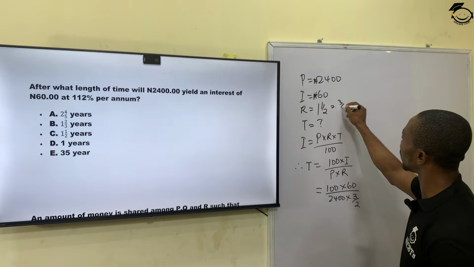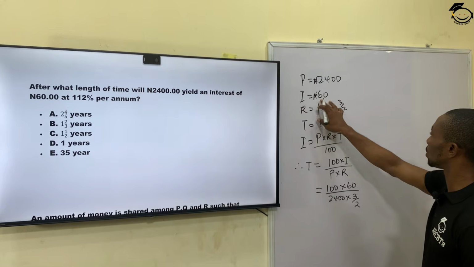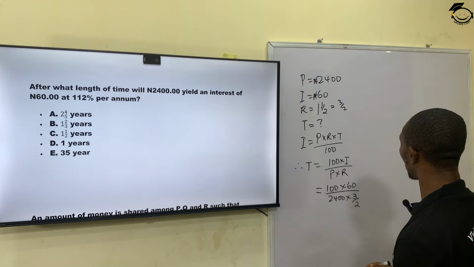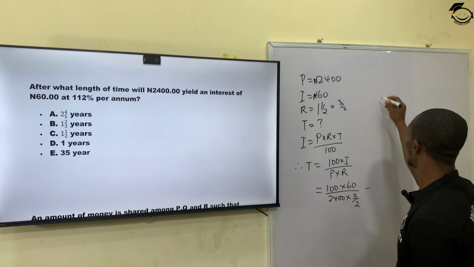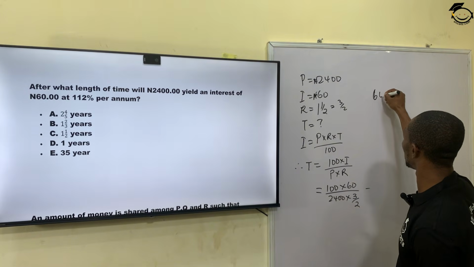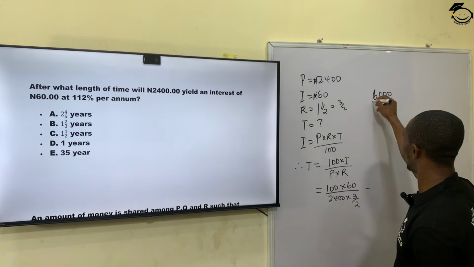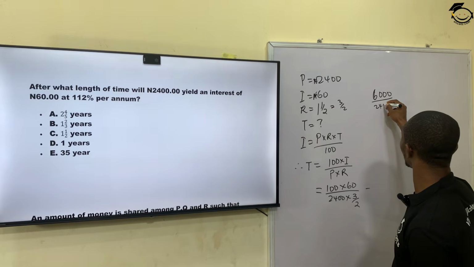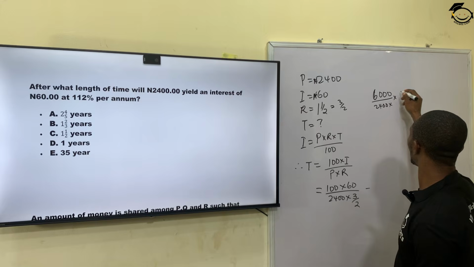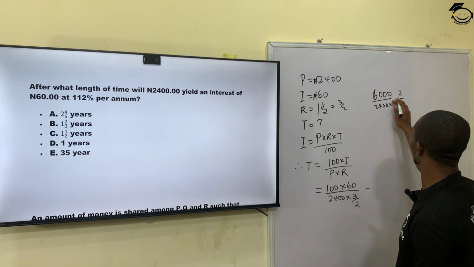Rate is 3/2%. Converting this to an improper fraction. Now from here, 100 times 60 will give us 6,000 over 2,400 times 3 over 2.